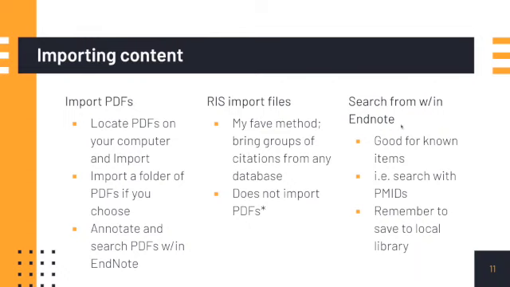And then the third option is you can search within EndNote, and I'll show you how to do it. I do have a major caveat about it. I prefer for this searching to be done for things that are known to you. So if you're writing along and you realize you forgot to bring in one of your important papers, and it exists in your favorite database, and you just haven't picked it up yet for some reason, then this is a nice quick way to find it.